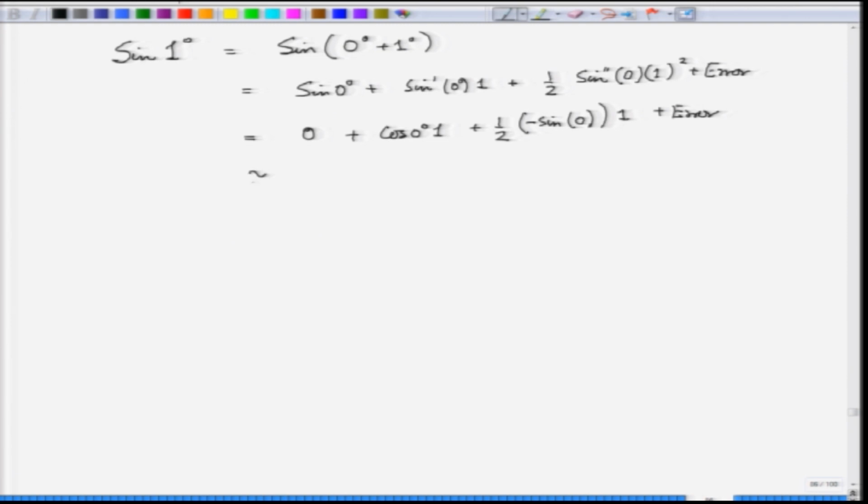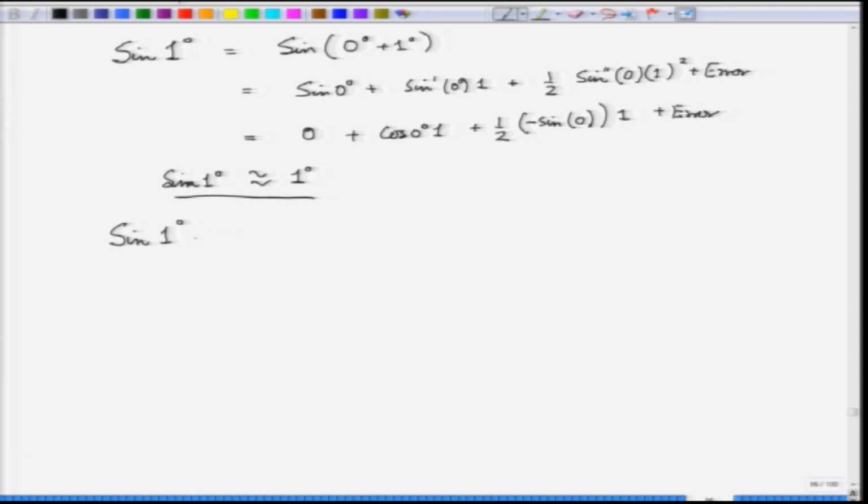Oh my goodness, it is 1 again. That is not a very good idea. Let me take the third round of approximation. Sine 1 degree, so sine 1 is 1. The second order approximation is also 1, wow. So, this is not a very bad estimate that sine 1 is 1.